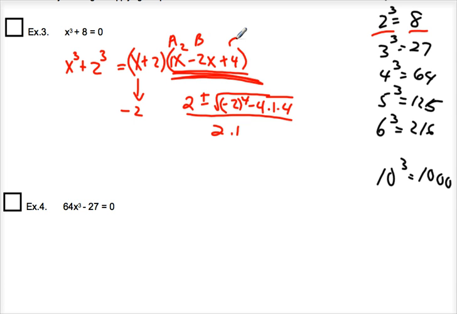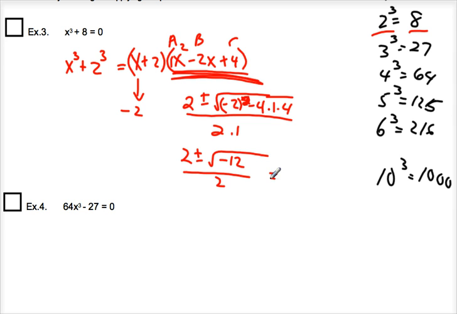So I just need to evaluate this. This would be 2 plus or minus the discriminant. I don't know why I have 2 to the 4th right there. This is 2 squared, thinking ahead apparently. So we got b squared minus 4ac. So I'd have 4 minus 16, this would be negative 12, all over 2. Don't cancel these 2's up front, that's illegal because of the plus or minus.